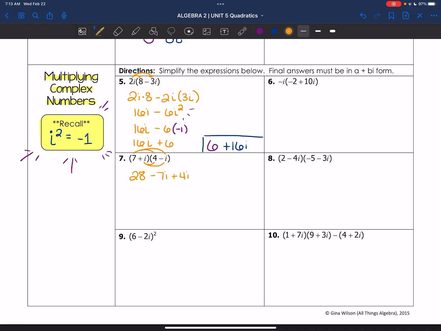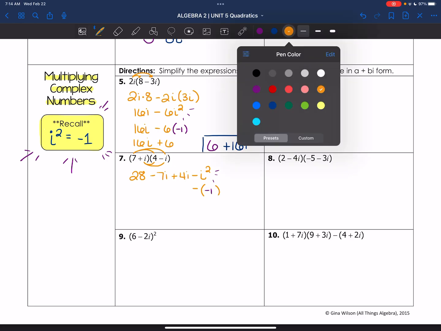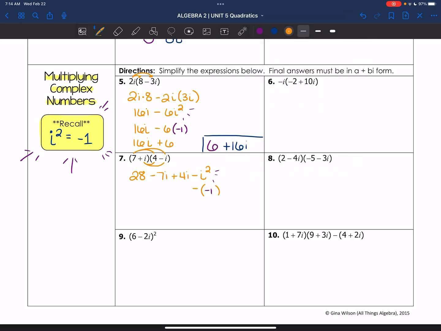And i times a negative i is a negative i squared. But what is true about i squared? We know that that really means that we're going to be subtracting a negative 1. Be aware of that. And then let's go ahead and simplify over here.